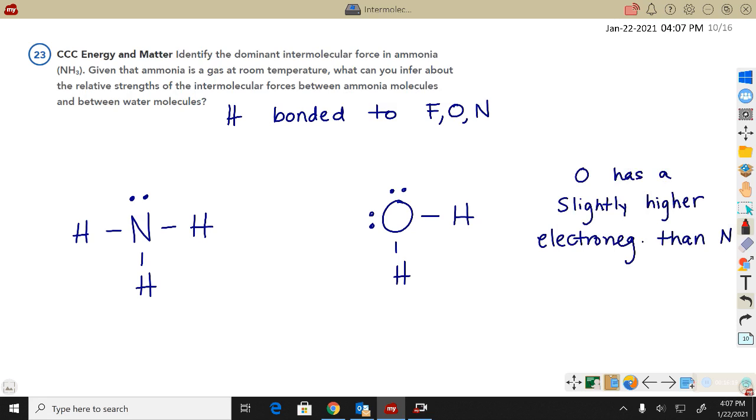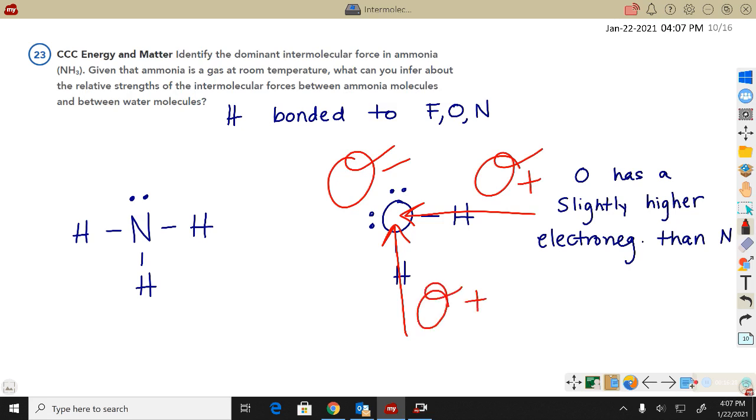Because the electronegativity of oxygen is a little higher, it just means that oxygen is pulling on the electrons a little bit stronger, so that we really get a strong partial negative on the oxygen and a strong partial positive on my hydrogens. The same thing is happening in the NH3, it's just not quite as intense. The electrons are still going to pull toward nitrogen.